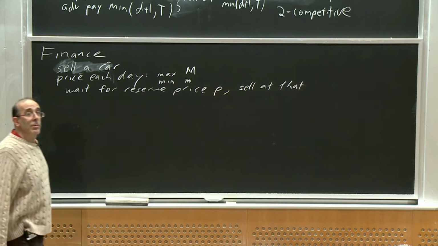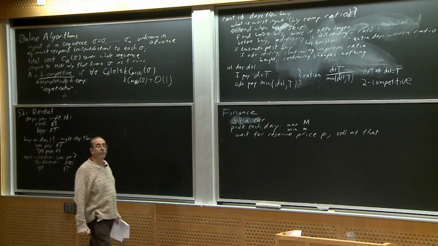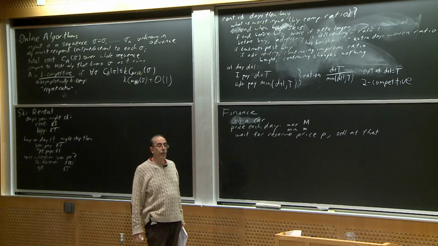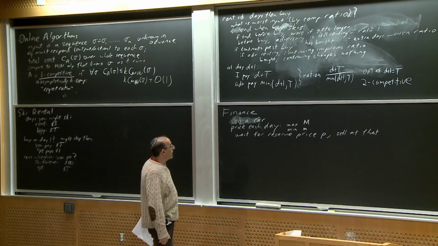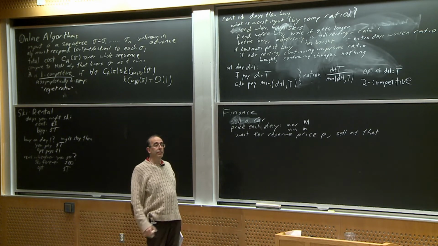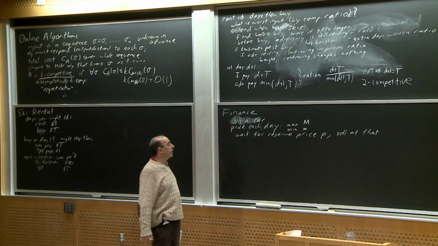So how do we analyze the competitive ratio of this algorithm? Well, what are possible outcomes if I set a reserve price of P? Yeah? Maybe if we waited, the price went all the way up to M. Good.